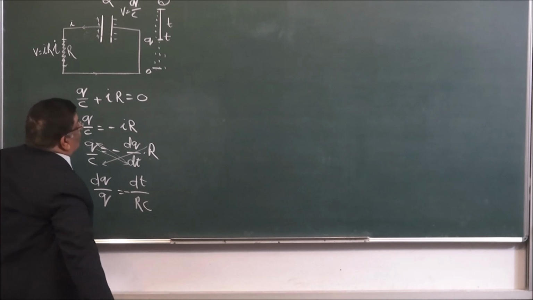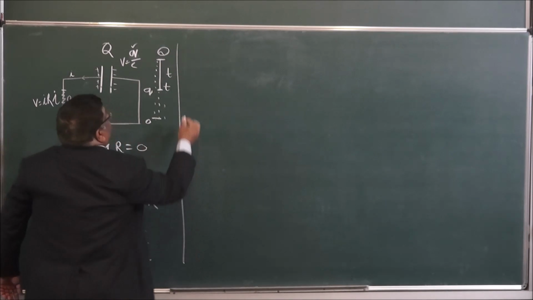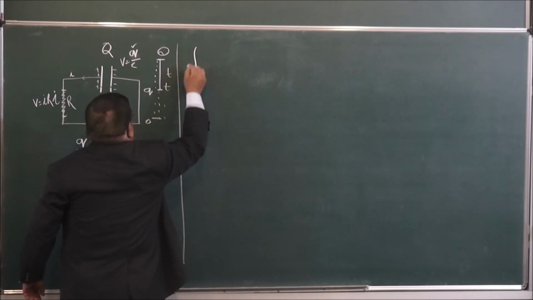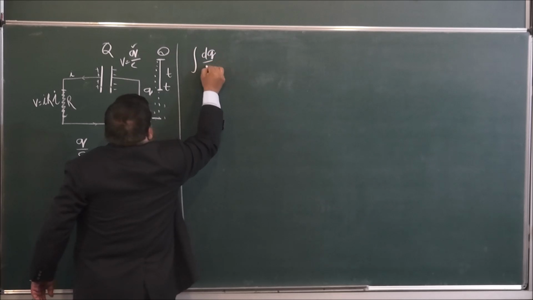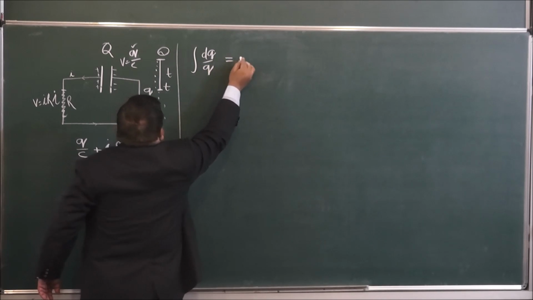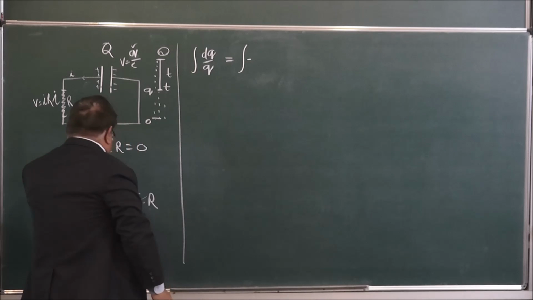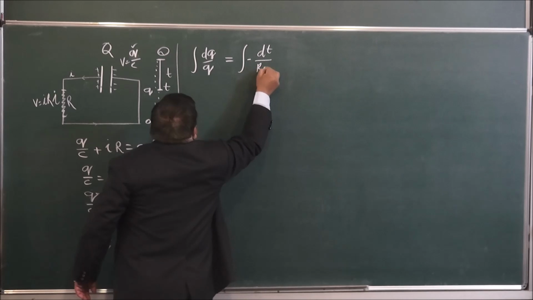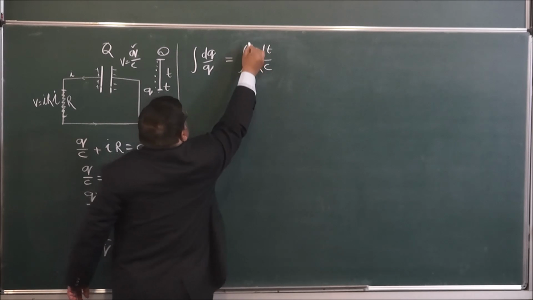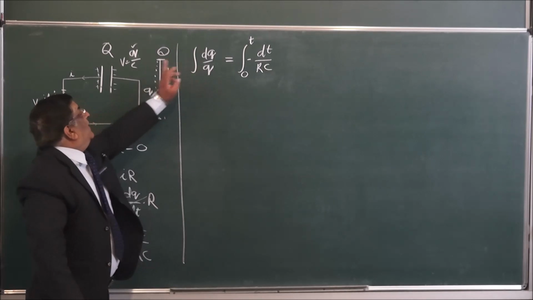Now let us integrate the two and apply the proper limits. Integration of dQ by Q is equal to integration of minus dt by RC. The time started from 0 to t. When the time was 0, how much was this variable charge?